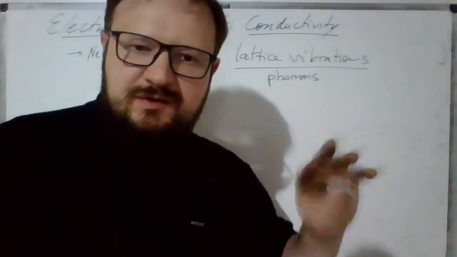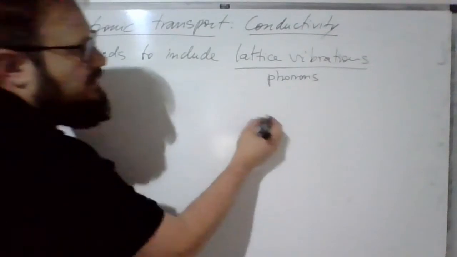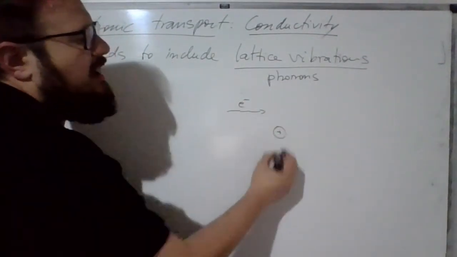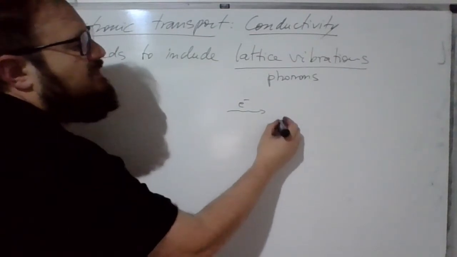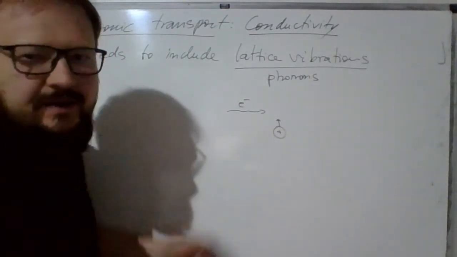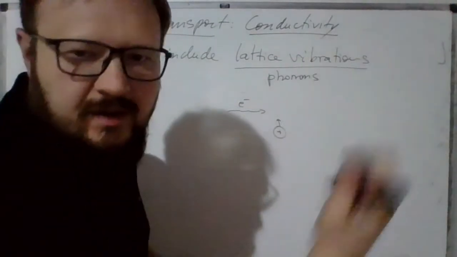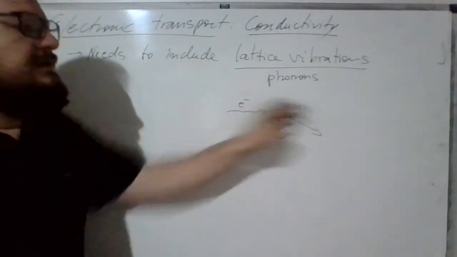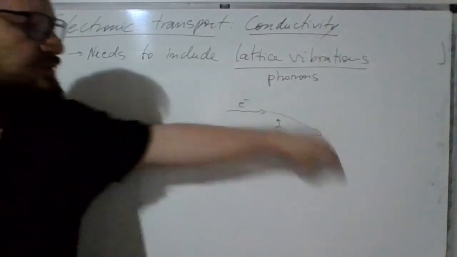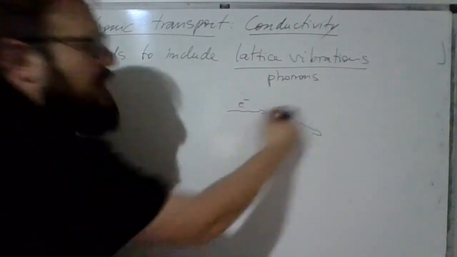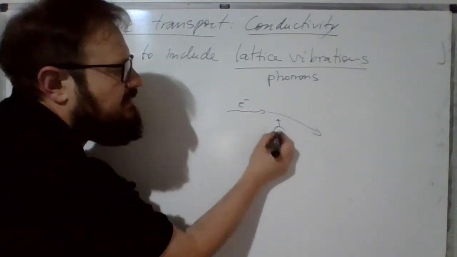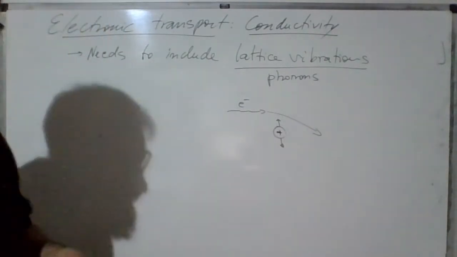Okay, suppose an electron is going here and there is a positive charge. The positive charge moves upwards here. The electron feels a pull and will be scattered to some angle here. It will be scattered by the motion of this lattice ion.